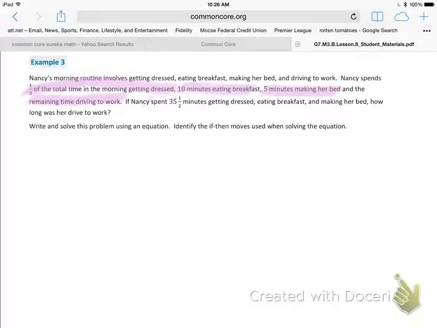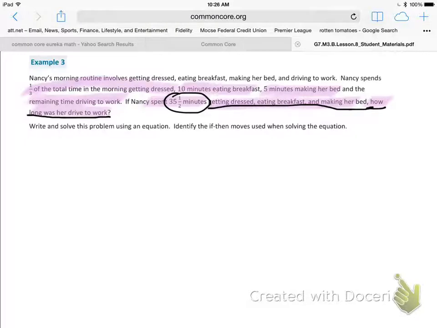If Nancy spent 35.5 minutes getting dressed, eating breakfast, and making her bed, how long was her drive to work? So if all of this here equals 35.5, how long was her drive to work? Our unknown here is this drive to work.